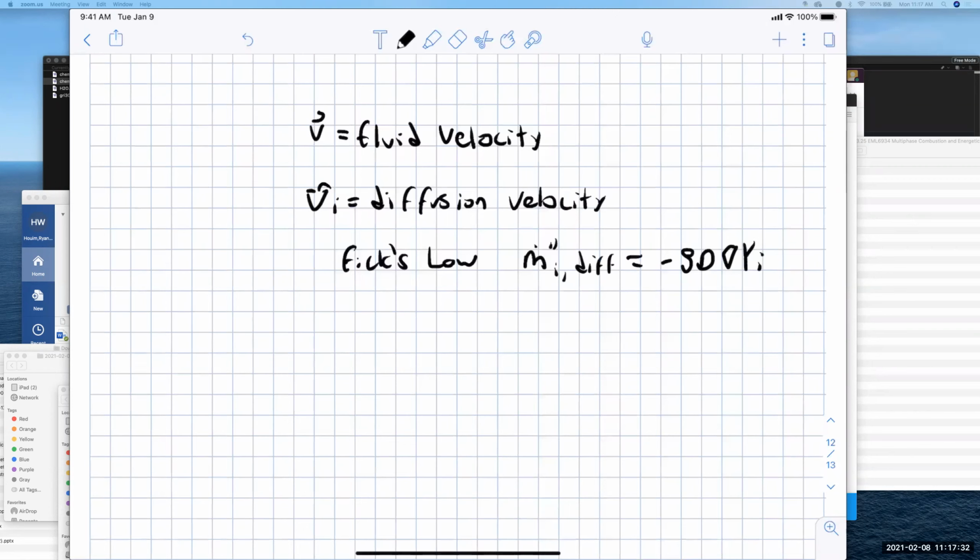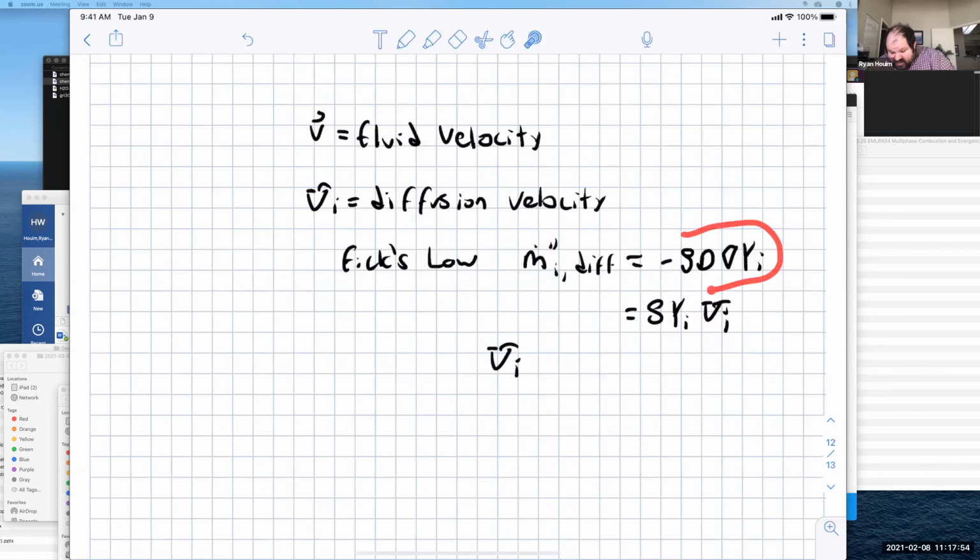Yes. And this is also defined to be equal to rho Yi Vi. Then this quantity here was called the diffusion velocity. If you want, you can equate these two and solve for the diffusion velocity, assuming Fick's law, which is not always accurate. It equals minus D over Yi grad Yi. Again, that's for Fick's law.